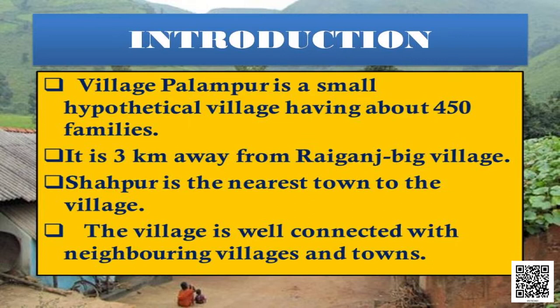Later on I am going to ask you while approaching this lesson. Shahpur is the nearest town to the village. So, here I have given you 3 data points: one is 450 families, second is that it is nearby to a big village, Raiganj, and another is that Shahpur is the nearest town to this village.